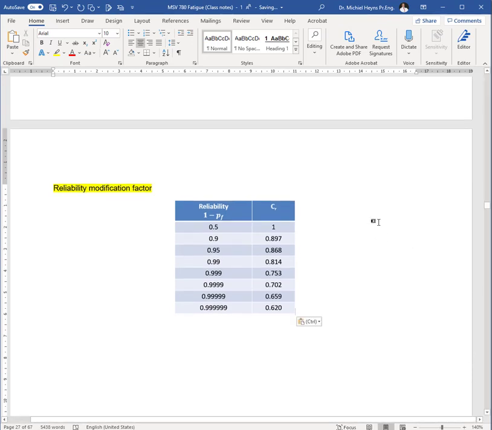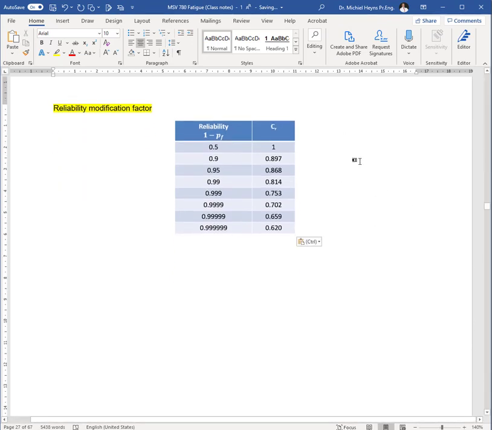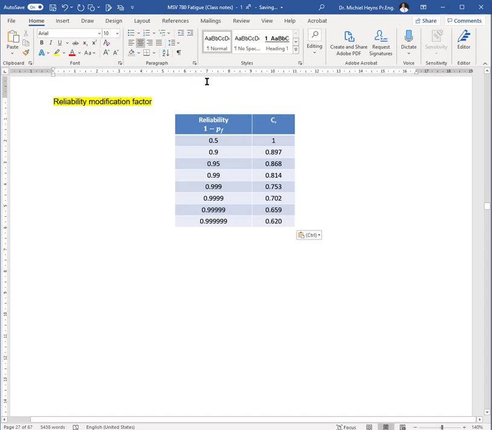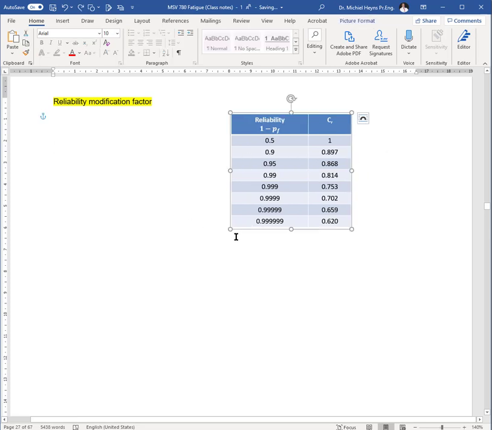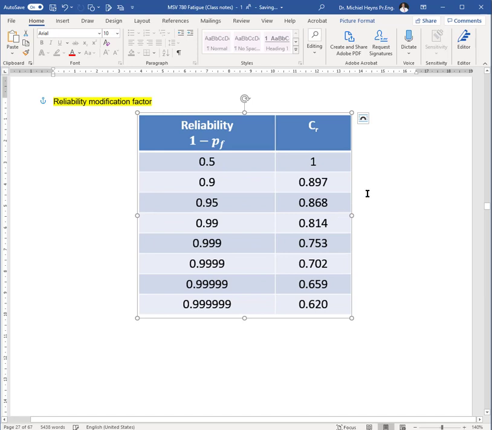Now, if we look at the probability of survival that they want, this is 1 minus probability of failure that you see here. Let's make it bigger. What you see on this table here is just a normal distribution.